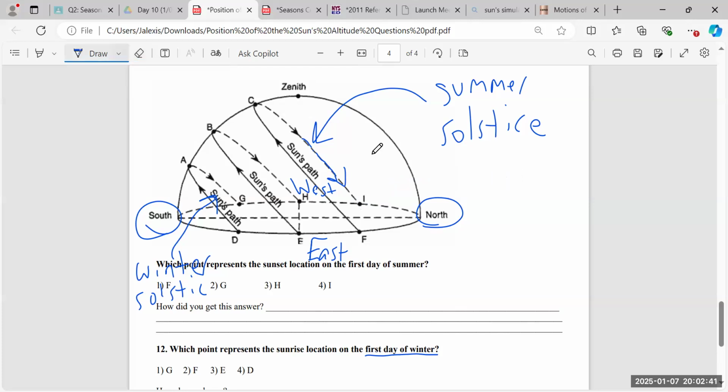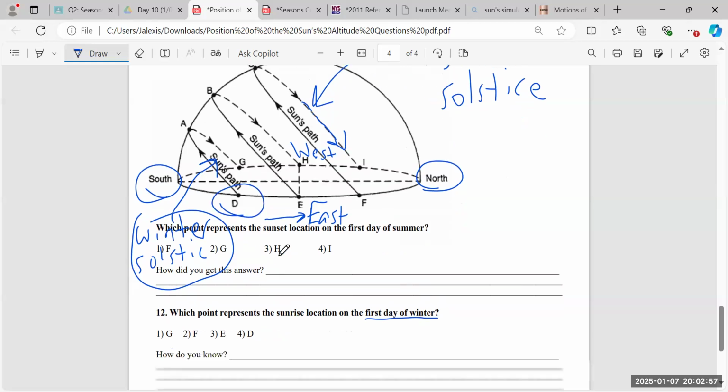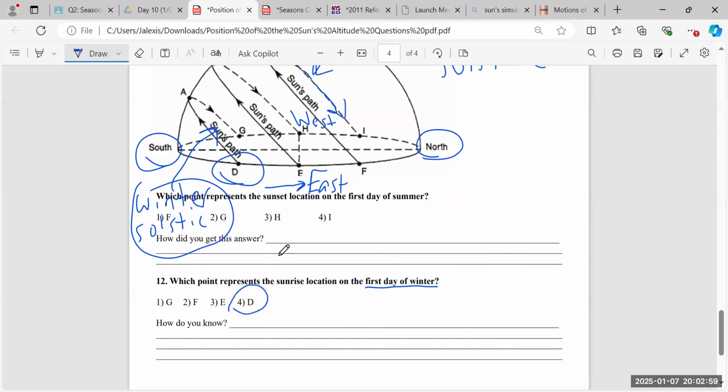So then, sunrise happens towards the east side. So if the winter solstice is DAG, that path, then sunrise occurs at path location D.